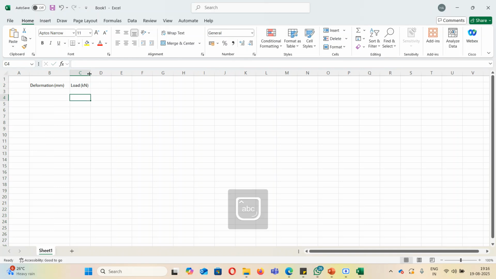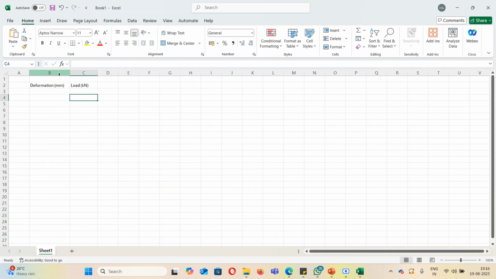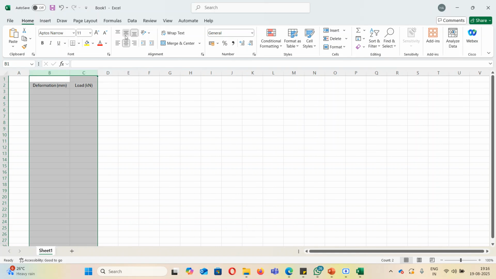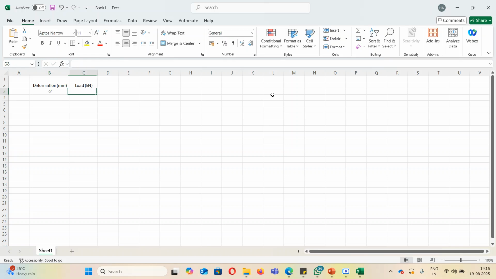All the points that we have calculated, we will just list those points here. At deformation of -2, we calculated load is 0. At deformation of minus 1.04, the load was minus 225. At deformation of 0, the load will be 0.